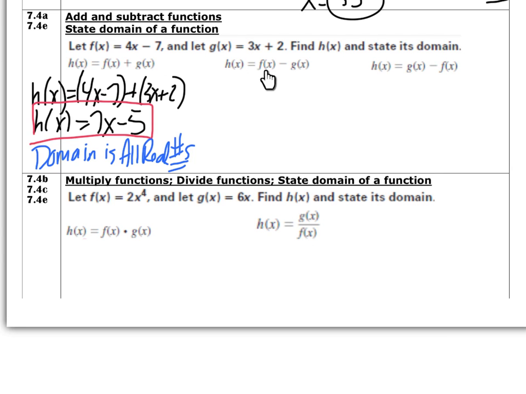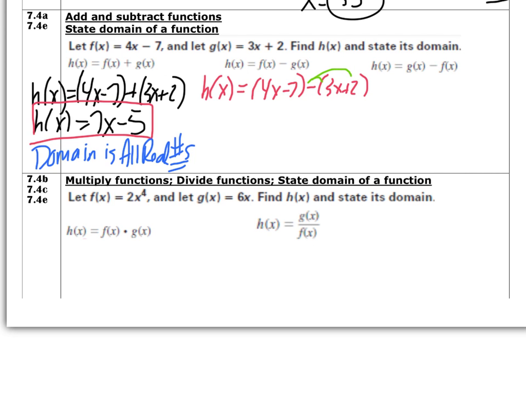H of x is f of x minus g of x. So when we write that, what we're going to have is h of x. Now f of x is 4x minus 7. G of x is 3x plus 2, but it's minus. Now you have to be careful on this one. This negative has to be distributed to both, so that's the only tricky piece.